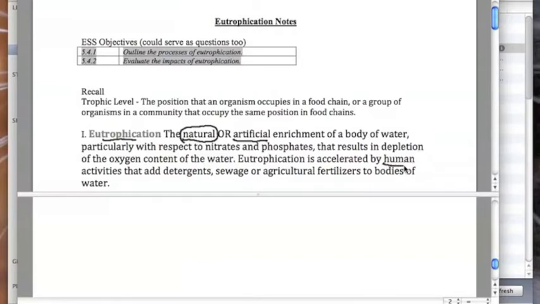Specifically, we want to look at the human aspects, and some of the major factors that we should consider are the types of waste that humans can contribute into an aquatic ecosystem through different industrial or agricultural features that are taking place near it.